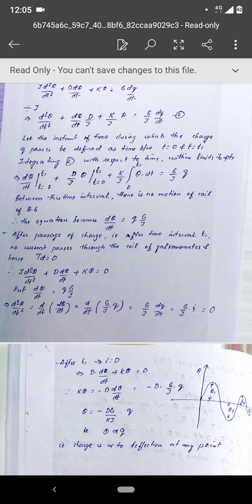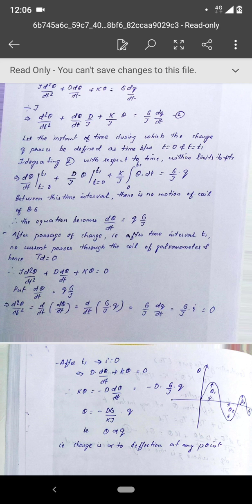That is why we considered 0 to t1, in which there is no motion theta 1. That result is taken into the case after t1, so whatever the deflection is, it will be due to the changes made between 0 and t1. So that is the crux of that derivation.